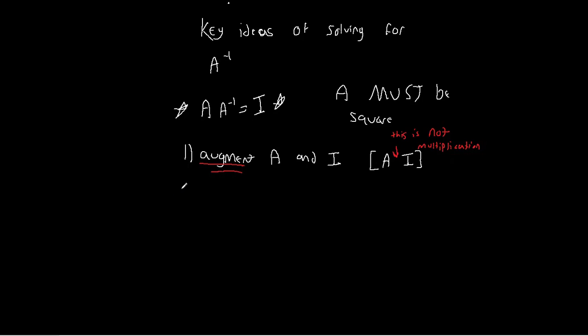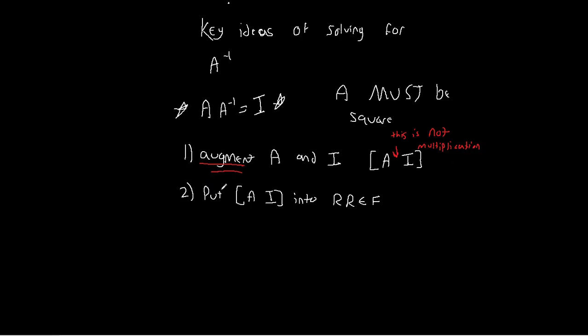The next thing we're going to do once we augment them is put A augmented with I into reduced row echelon form. This is where the magic happens. Again, I'm not going to prove to you why this works because I don't even know how to prove it.